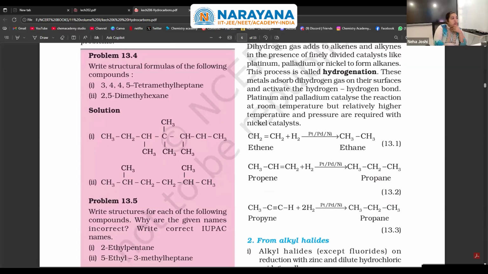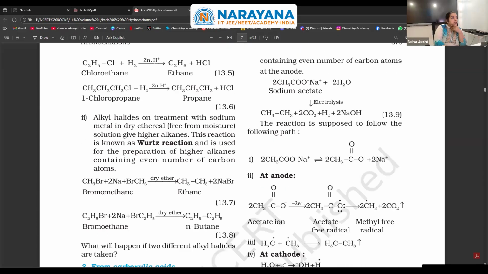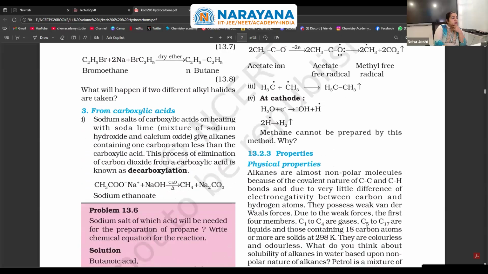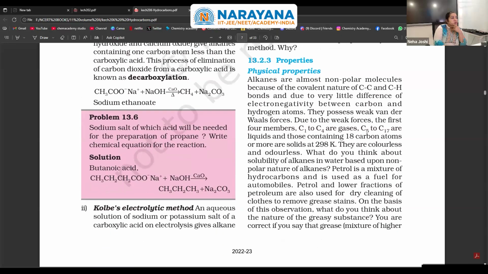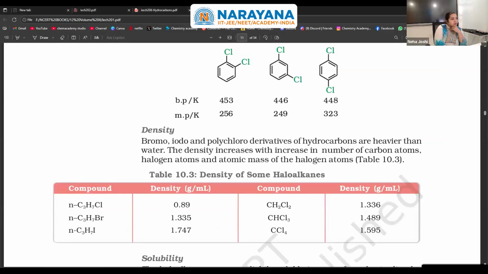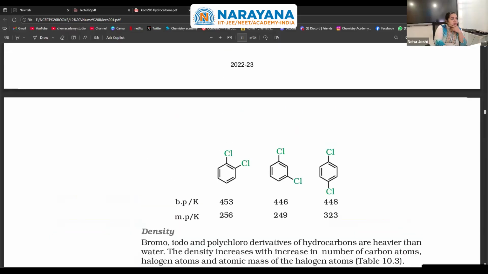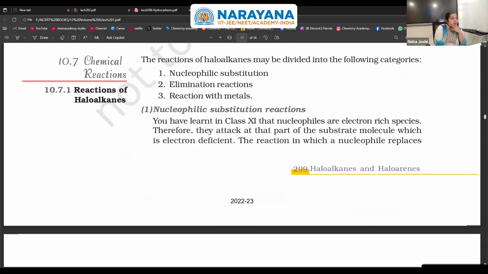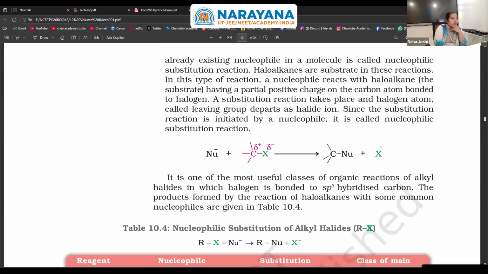Wait, from unsaturated, from alkyl halides, Wurtz reaction. Not here. Give me a second, Shiva. 11th, 12th. 12th, alkyl halide is the first chapter. Is this visible? Give me a thumbs up, Shiva, if this is visible. Okay, let me go down.